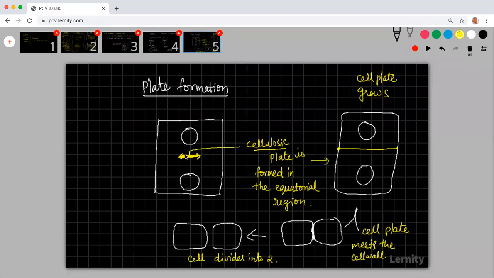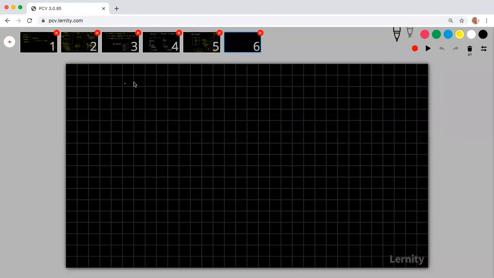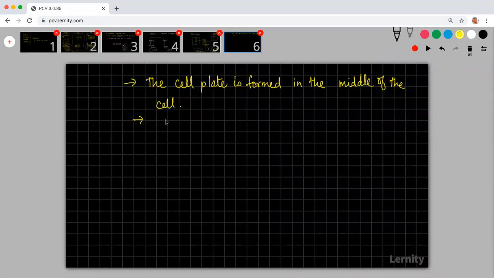So here I am trying to show how a cell plate is formed. Where is the cell plate formed? The cell plate is formed in the middle of the cell. And what happens? The cell plate grows, in which direction? From inside to outside.